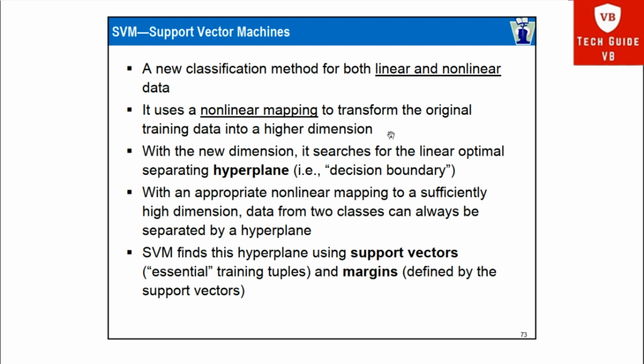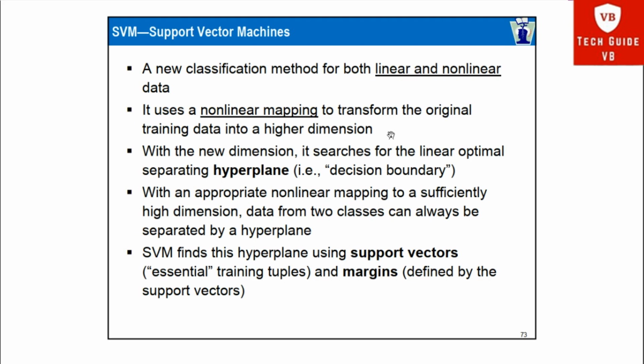Okay, with an appropriate non-linear mapping to a sufficiently high dimension, data from two classes can always be separated by a hyperplane. So separation of two classes is done by the hyperplane. SVM finds this hyperplane using support vectors, essential training tuples, and the margins.